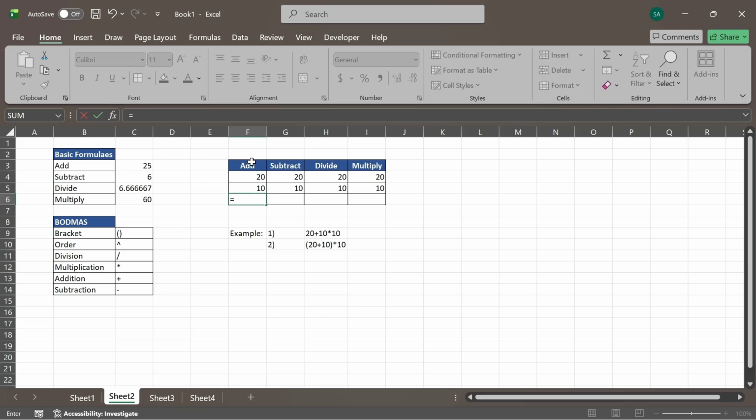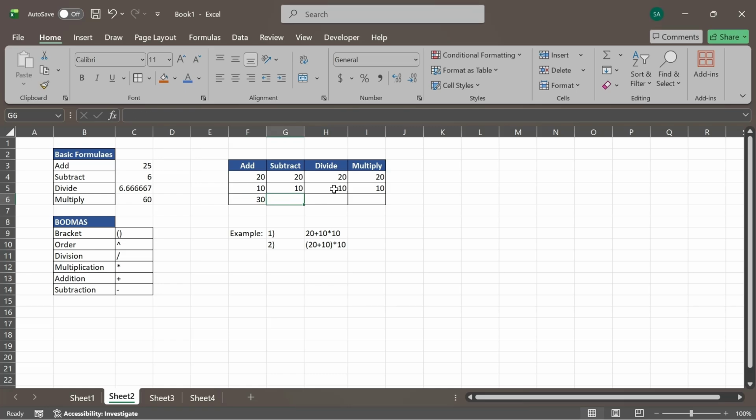To pass these values from different cells, just click on that cell, right? Then addition means plus, I will manually type the operator, then again select another value or another operand, press enter, it will give you the resultant. So 20 plus 10 is 30.